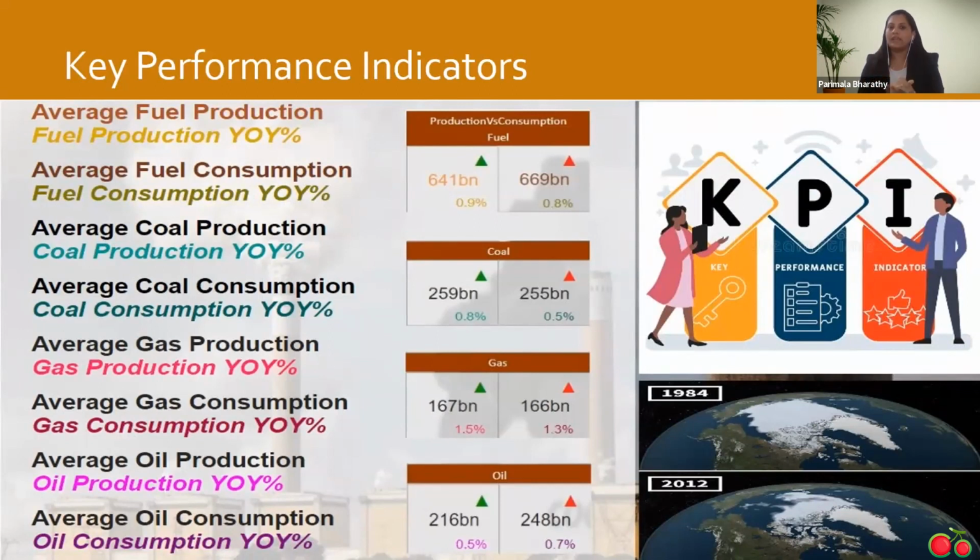The production indicator is green when the production year-over-year value is higher than 0, and red when it is less than 0, indicating whether fuel production is sufficient to meet the demand. The consumption indicator is red when consumption year-over-year is higher than 0, and green when it is less than 0, highlighting the potential for increased global warming and air pollution.